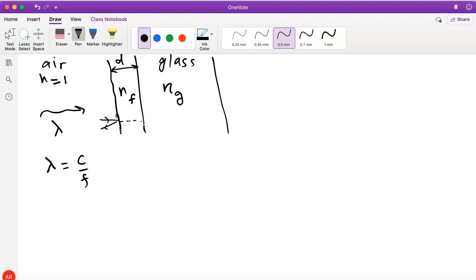But then some of it gets reflected from this interface here between the coating or the film and glass, and this comes back as well.